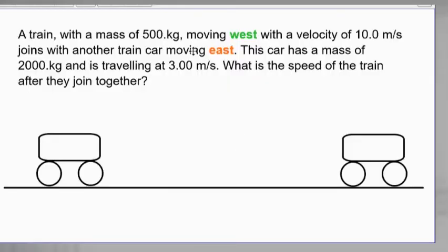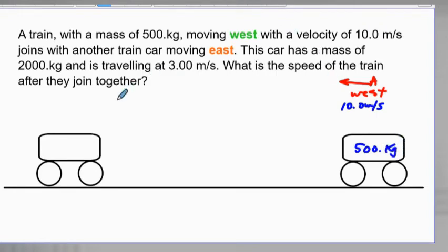Now a second scenario, and although initially it looks very similar, it does have some significant differences. Once again, I have a train with a mass of 500 kilograms moving west. I'll make that car A, moving west with a velocity of 10 meters per second and a mass of 500 kilograms.